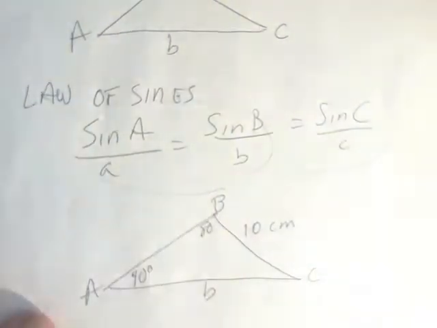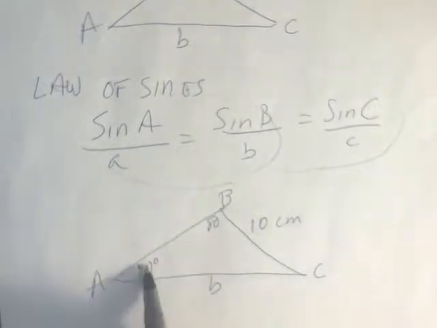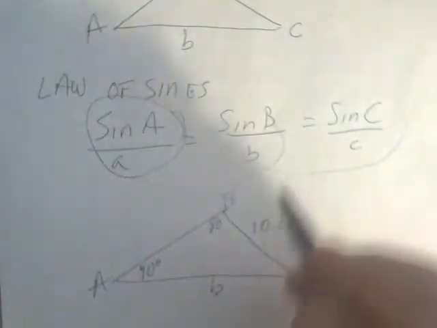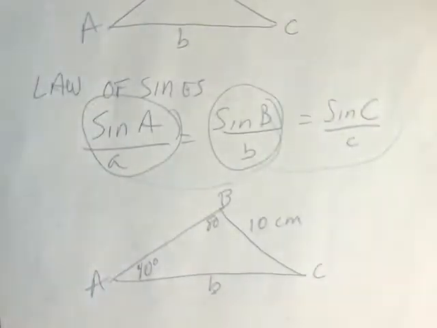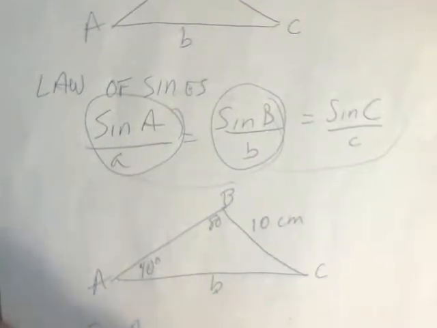And I want to know side B. I know angle A and side A, so I'm definitely choosing this, and I want to find side B, so I'm going to set it equal to that. So I set up sine of the angle over the length of the side equals sine of the angle over the length of the side.